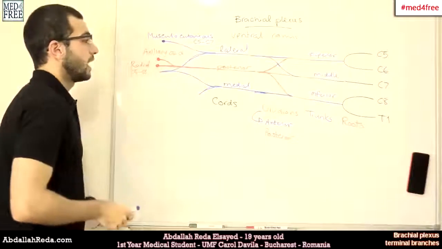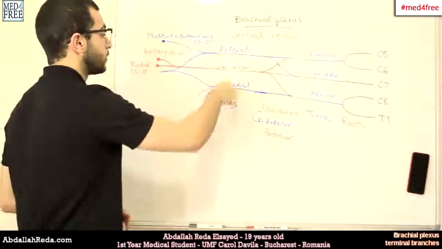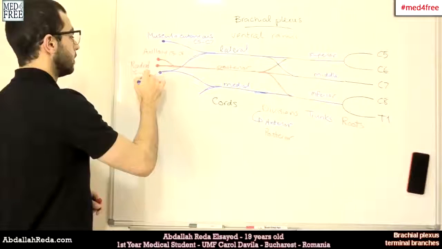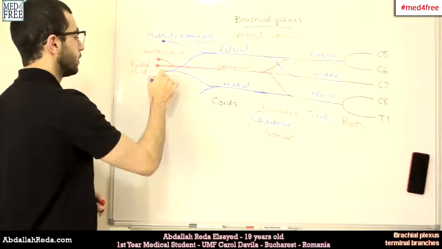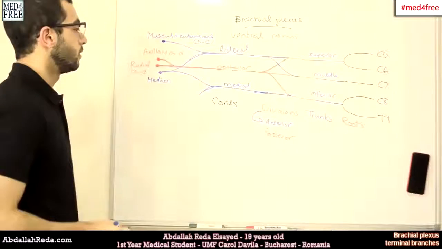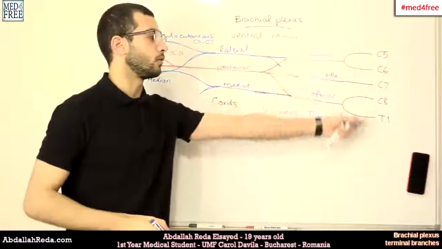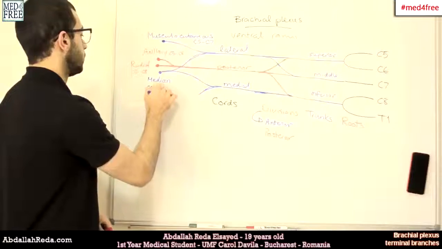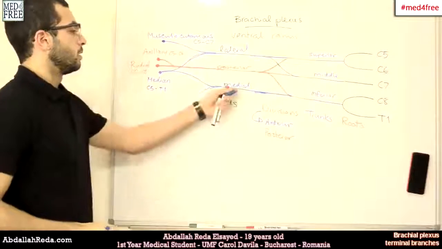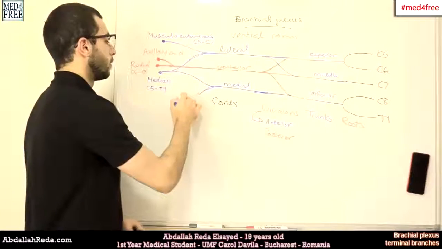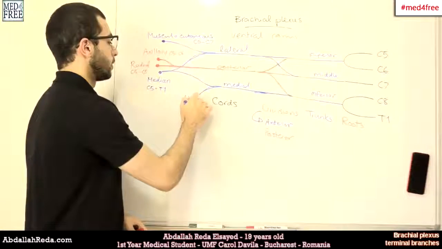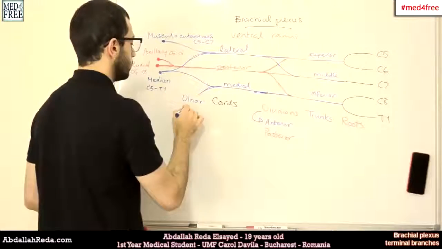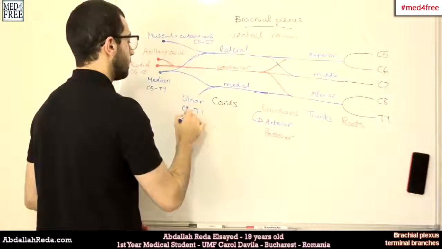And from the anastomosis between the lateral and medial cords, we will have the median nerve, and the median nerve will receive innervation from all the roots of the brachial plexus, so from C5 to T1. And from the medial cord, we will have the ulnar nerve, which receives innervation from C8 to T1.